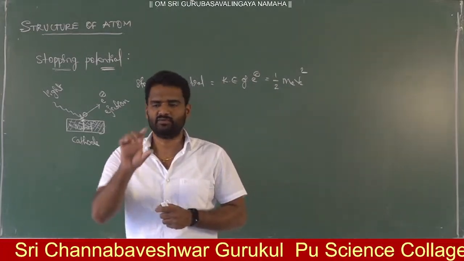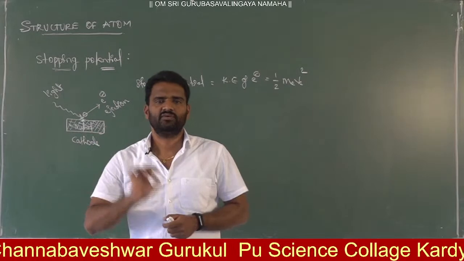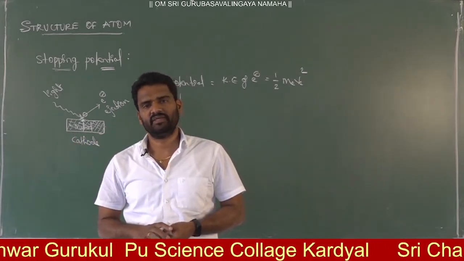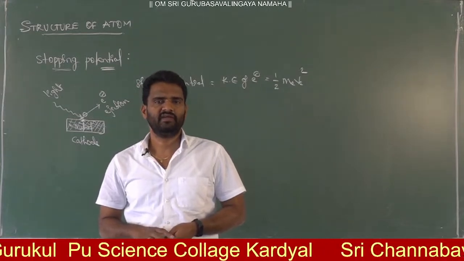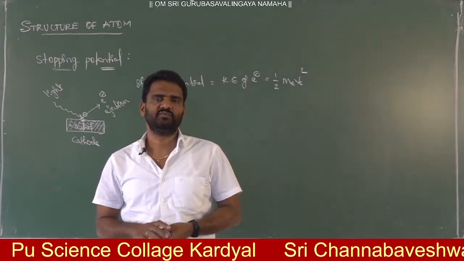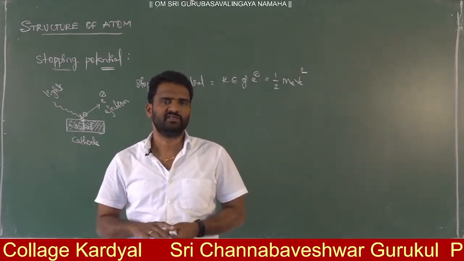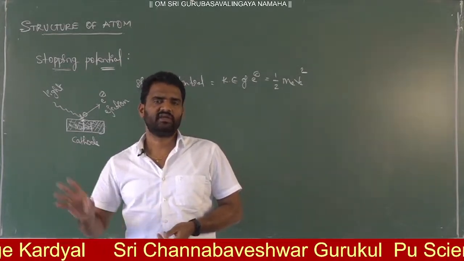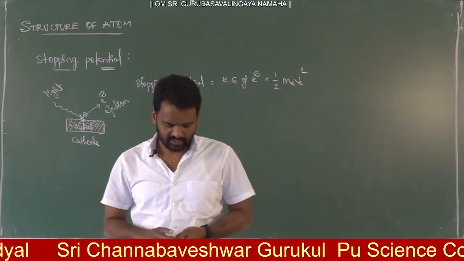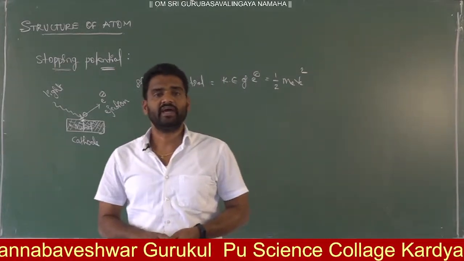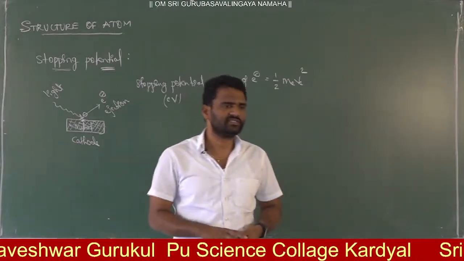This can only be applied to ions. Examples: Na plus, Mg plus 2, Al plus 3, neon, F minus, O minus 2, N minus 3, C minus 4. These are all isoelectronic species. Those having the same number of electrons are said to be isoelectronic species. Next, isosters. What are isosters?